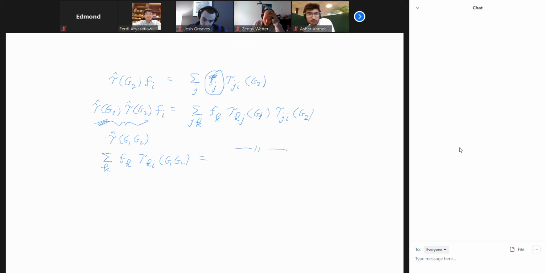So we see that it indeed forms a representation of the group. Yes, because this thing is equal to the sum over j of T_kj(g1) T_ji(g2) like this.